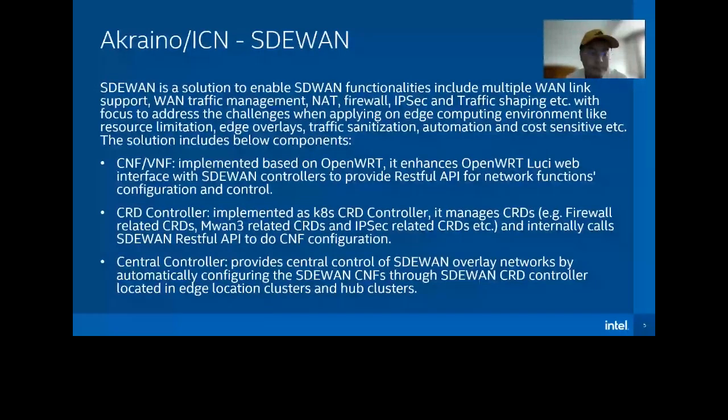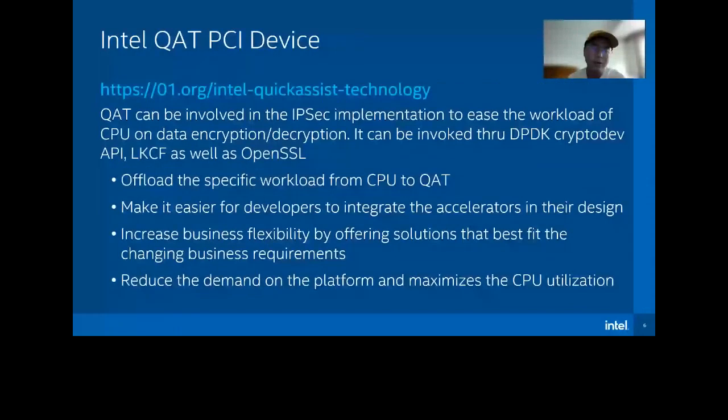And then I will give a brief introduction to the Intel QAT PCI device. It's short for Intel QuickAssist Technology and is a generic PCI device. You can find more information on this web link. And QAT can be involved in the IPsec implementation to ease the workload of the CPU on data encryption and decryption.